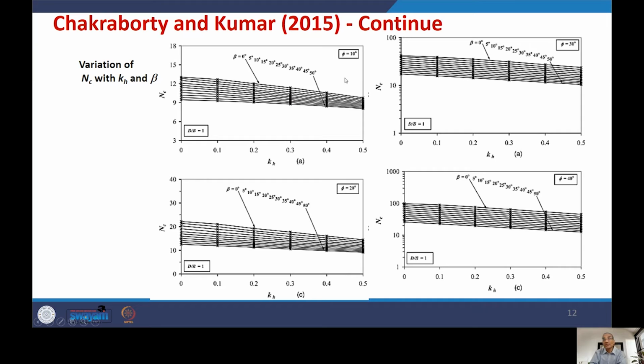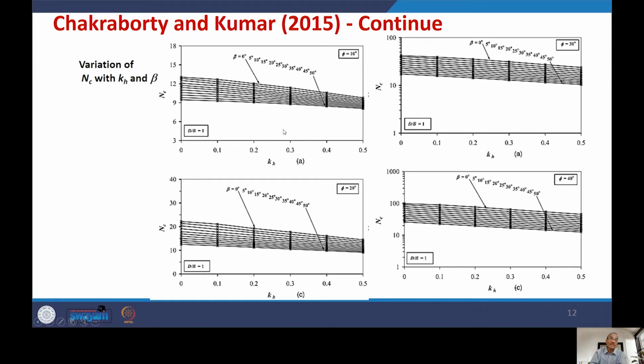And these charts are for 4 values of phi, which is 10 degree, 20 degree, then 30 degree, and 40 degree. So you have A, B, C, D, 4 charts. All the charts are for D by B equal to 1. That means the depth of the footing is the same as the width of the footing. Now you can see these charts are again for beta equal to 0 to 50 degree. These curves are there, and the values calculated are shown in these results.